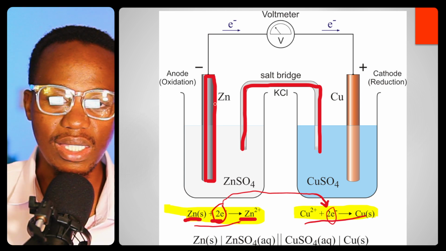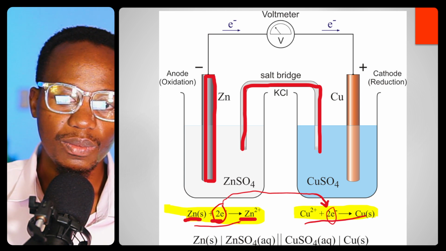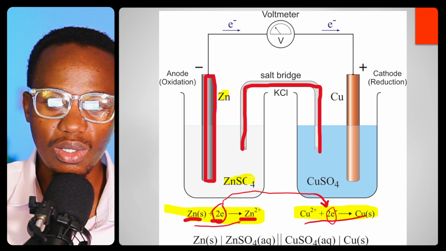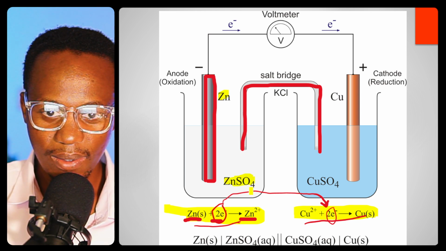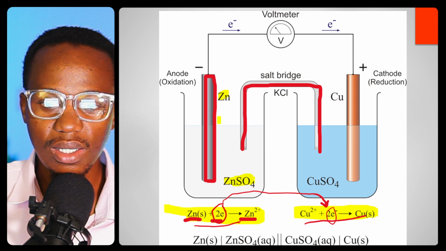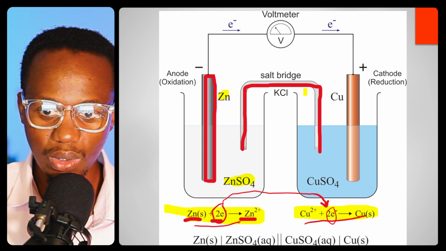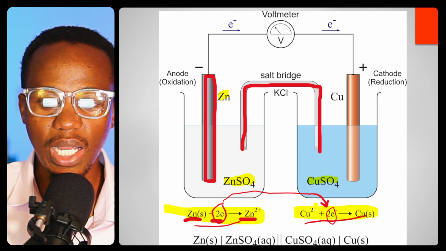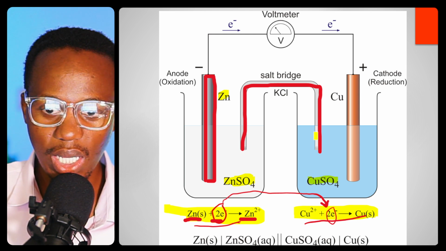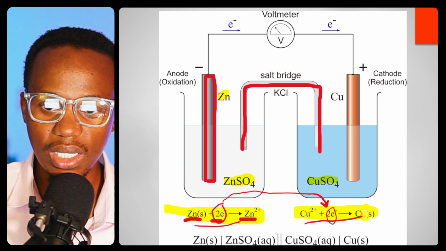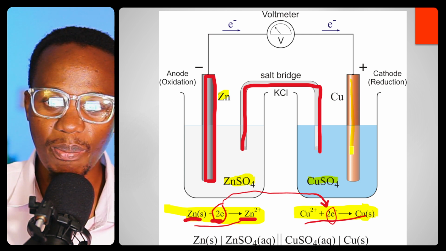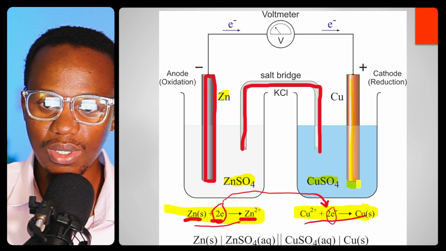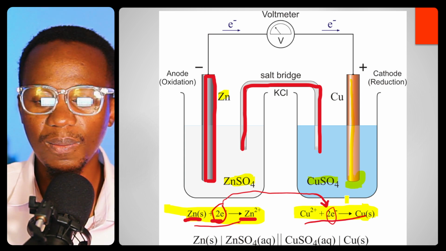So you have a zinc metal and then a zinc solution that's zinc 2 plus. And then guess what? These 2 electrons go through to where? To the copper solution. So copper 2 plus gets those 2 electrons and becomes solid copper. That's why we have a solid copper electrode here. So copper starts to be deposited here.